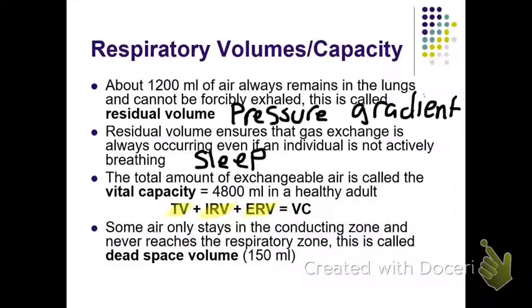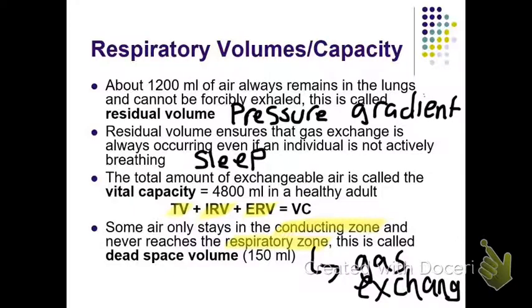Now, going back to our conducting zones, some of this air will never reach the respiratory zone or the places where gas exchange happens. And this is called your dead space volume, which may vary among individuals, but averages about 150 milliliters.